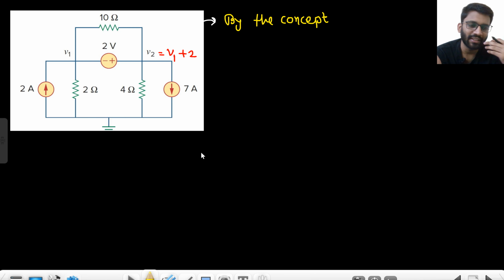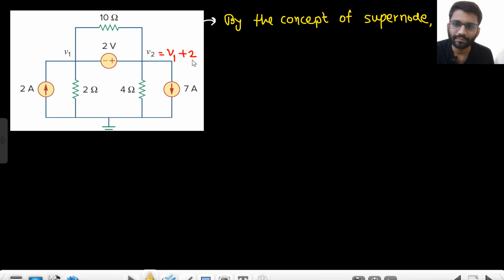Because in this kind of concept there is a high chance of error. Sometimes you may think you can apply the supernode, but in reality you can't. So for safety I wouldn't apply this concept, but I will give you one more perspective of this concept, one more way of seeing it, then it will be easy for you. We will see it in the next slide, but let's complete it by the concept of supernode.